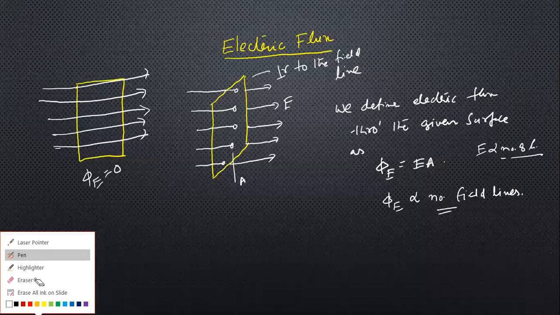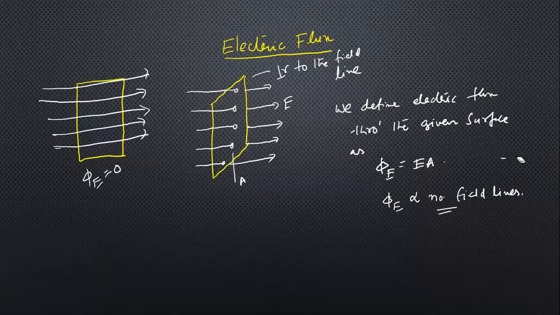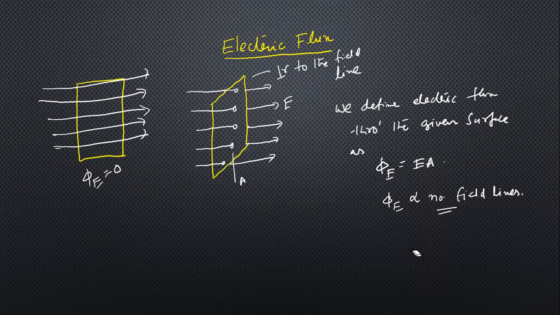Now, why am I telling it so much is, generally people have a misunderstanding of saying that number of field lines itself is flux. You can call, once you choose a scale for one charge distribution and another charge distribution, you can say this many field lines are there, 1000 lines is a flux, but it doesn't serve any purpose.